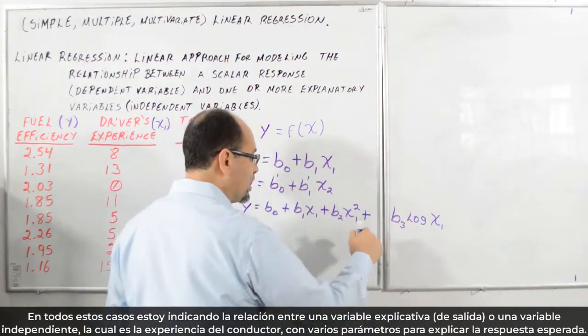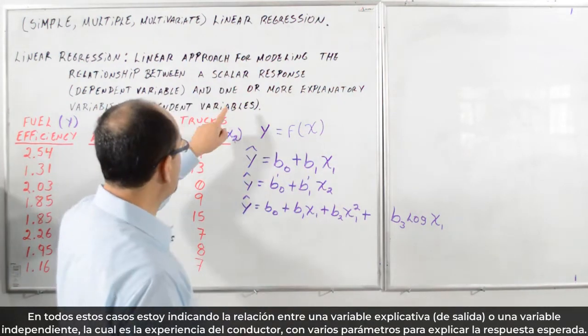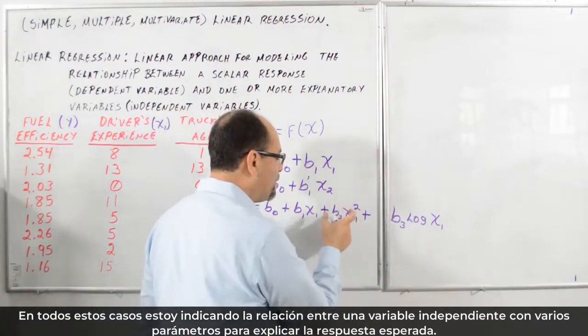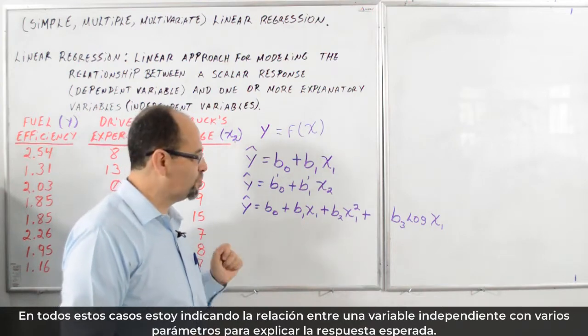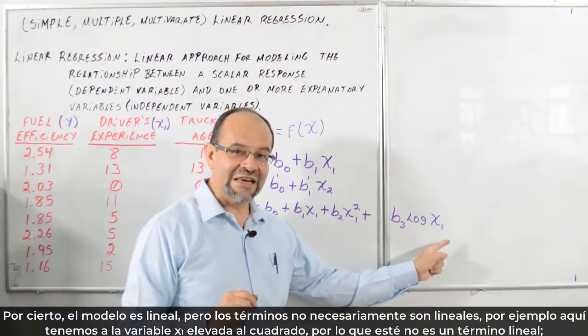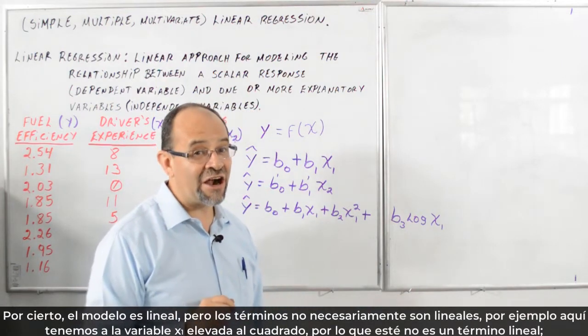In all of those cases, I am indicating the relationship with one independent variable, but I'm having several parameters to explain the expected response.